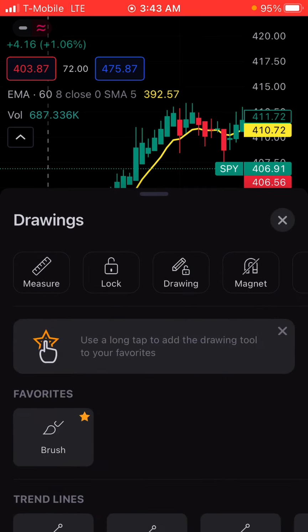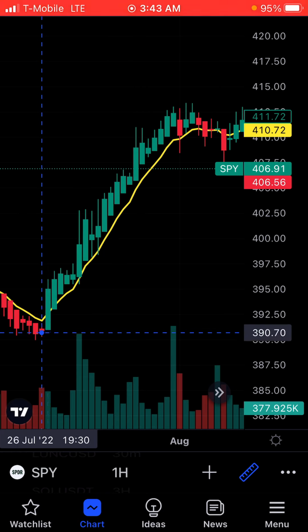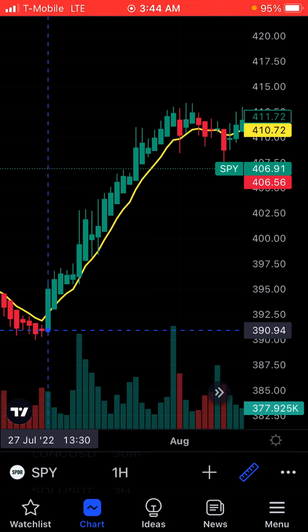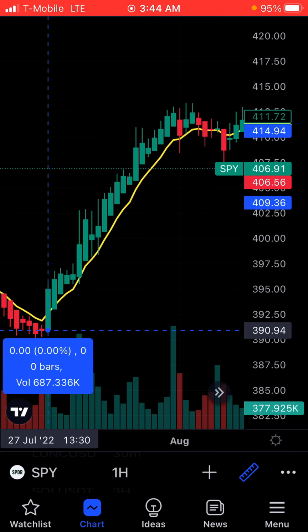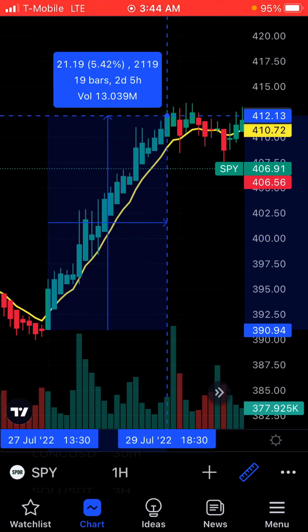So anyway, if we got in right here, we see the red, and it goes green. I would have done a call for 390 and rode this thing out. This is about $1,000 right here in 2 days.